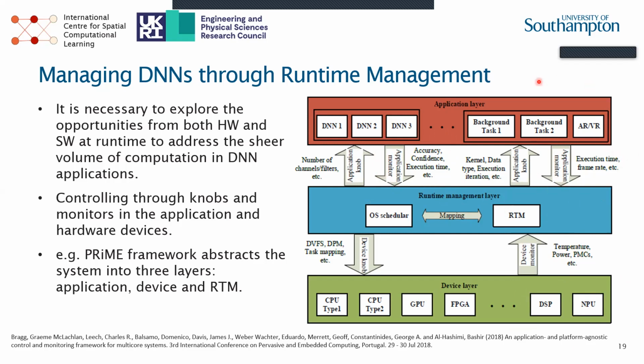These are basically general applications, and you can also include other requirements here. The runtime manager will find a way to orchestrate all the resources in hardware and software to give a solution that tries to make sure the performance is met while the limit is not violated.